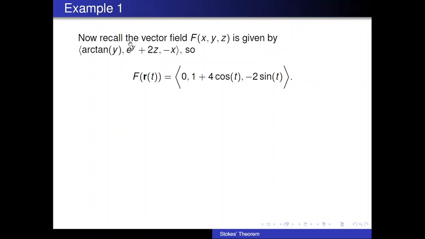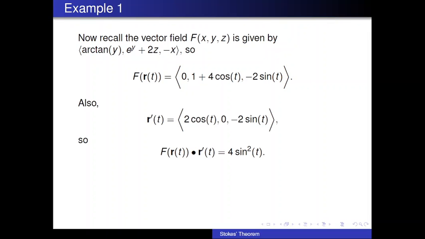E to the 0 is 1, so we get 1 plus 2z. Z was 2 cosine t. So in the second component, we get 1 plus 4 cosine of t. And in the last component, negative x becomes negative 2 sine of t.